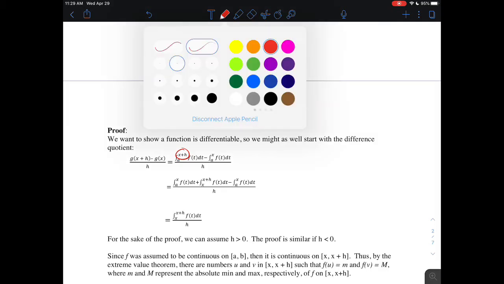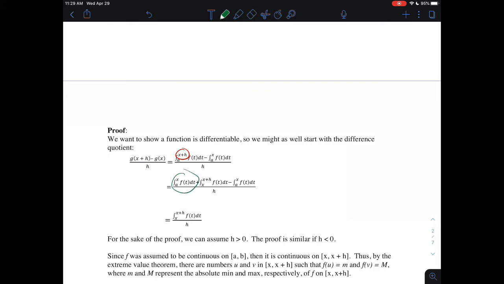We can see here that we've got the same integral, but with opposite signs, so they cancel each other out. And what we're left with in our difference quotient is the integral from x to x plus h of f of t dt divided by h.